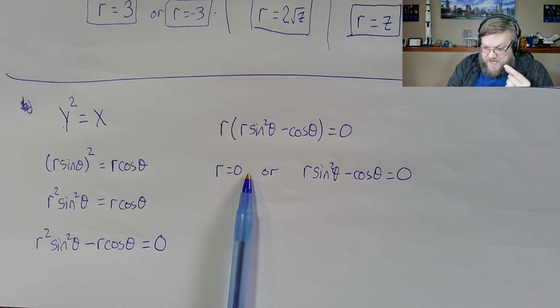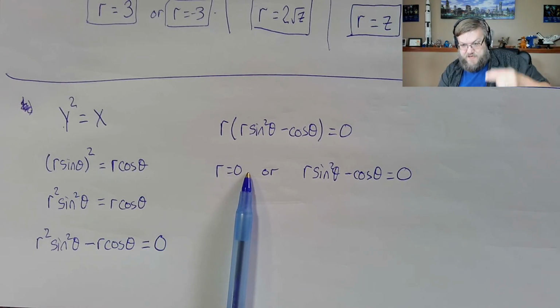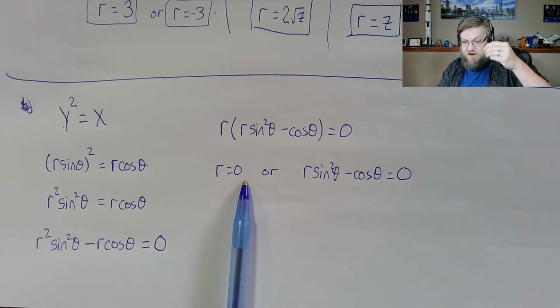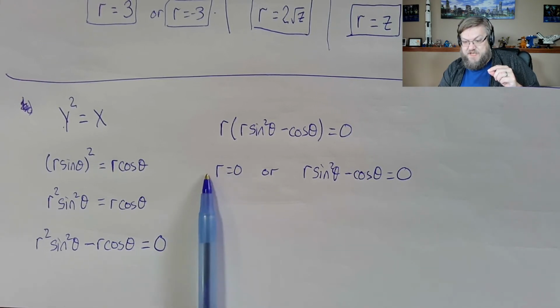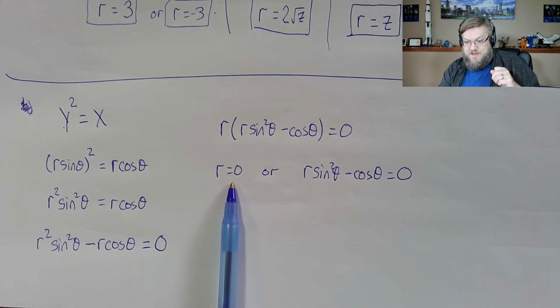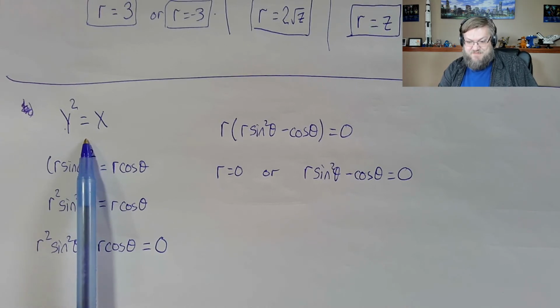That means that theta can look in any direction. Z can be any height, any value. But r, you're not allowed to move forward or backwards. So do you see that this is really just the z axis? R equaling 0 is every point on the z axis. You see that? That's not what this is, right?